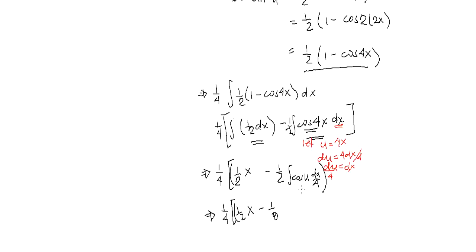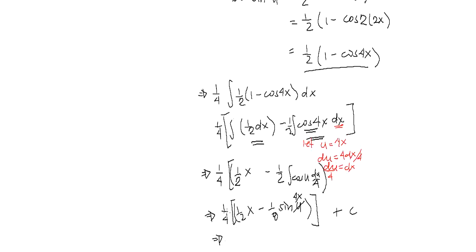Then the integral of cosine u is sine u, plus c. But we need to bring back the value of u, which is equal to 4x.